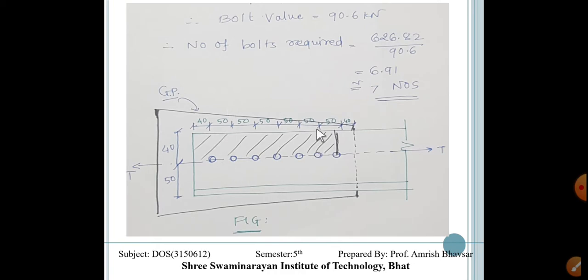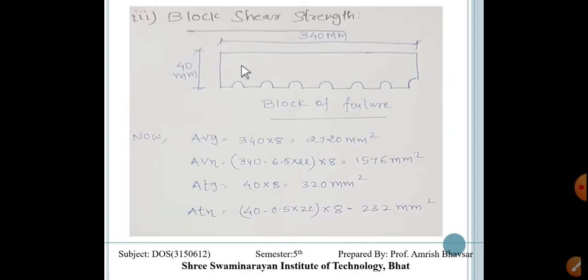So for that we have to take the failure part of this block, that is this kind of part. Here 40 mm, this is 340 mm, the full length of the cutoff plate, and this is our bolt from where our section has failed.